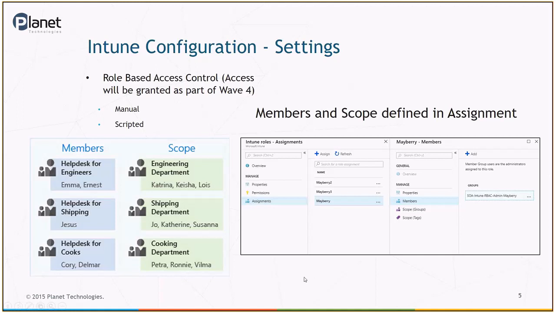Okay, so I referred to role-based access control before. Again, this access will be granted as part of Wave 4 that Trish was talking about. When you set up role-based access control, you're setting up 3 main things.